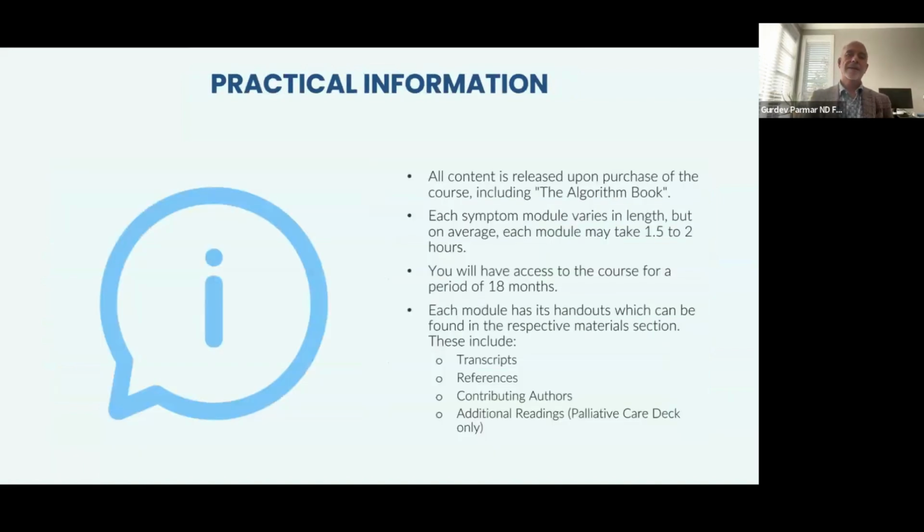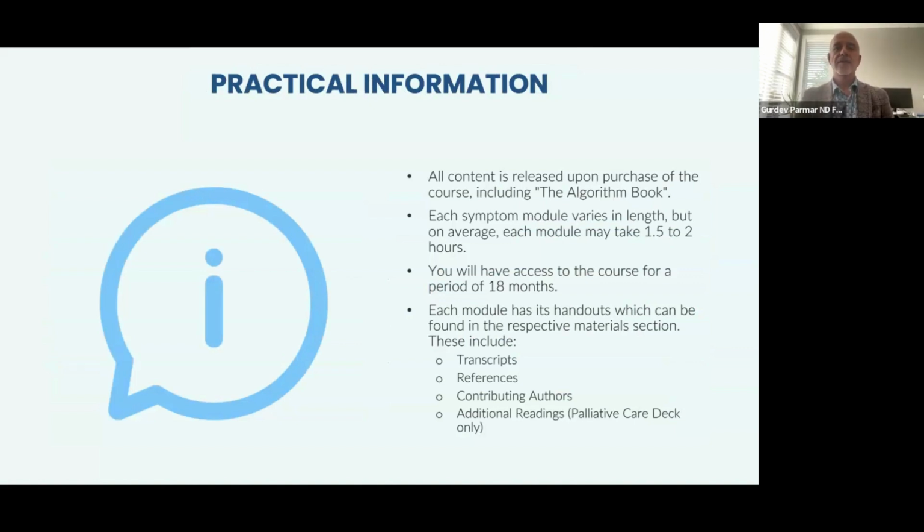So, some practical information about the course. When you register for the course, all the content is released, including the algorithm book. Each module varies in length, but on average, they're going to take about 1.5 to 2 hours each. You have access to the course for 18 months.